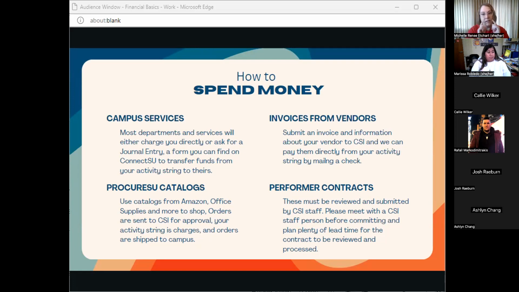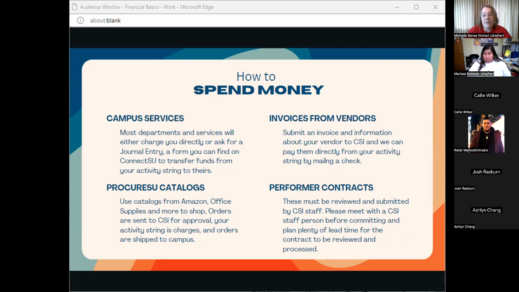I approve it because I'm making sure you have the money in your activity, and then it gets sent. To find it, go to the SeattleU website, there's a tab at the top that says SU resources, and you tab down to quick links. That's the easiest way to navigate to ProcureSU.